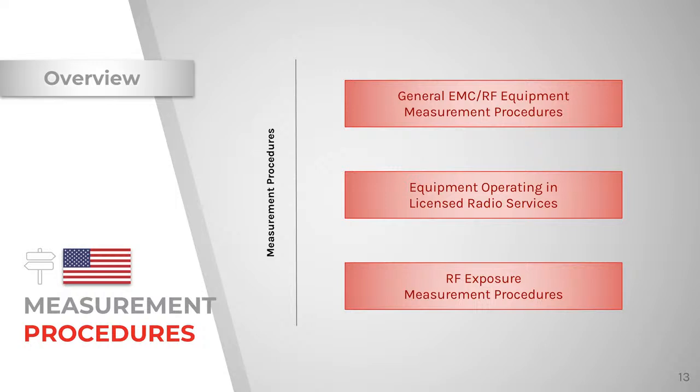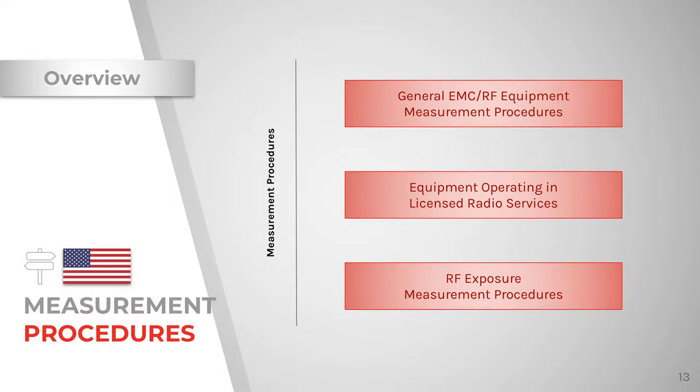We had just touched on regulated products and the FCC rules containing the requirements. Now we will take a brief look at the measurement procedures used by testing laboratories to demonstrate compliance with the FCC rules.